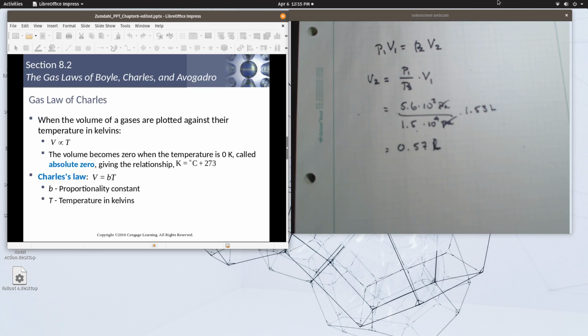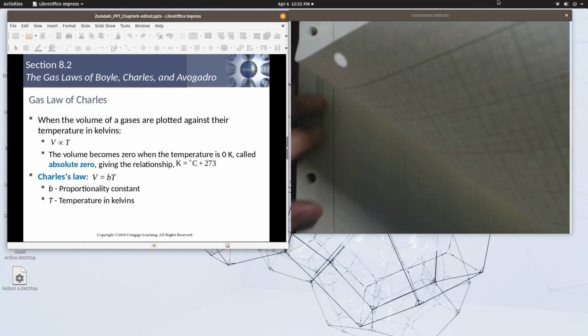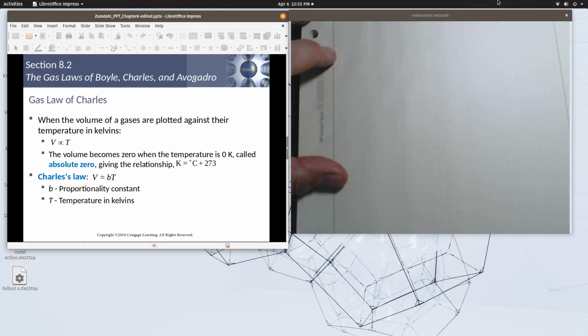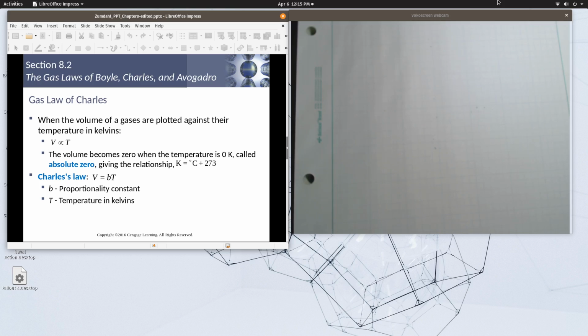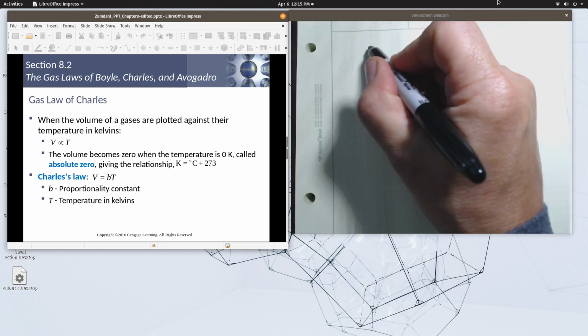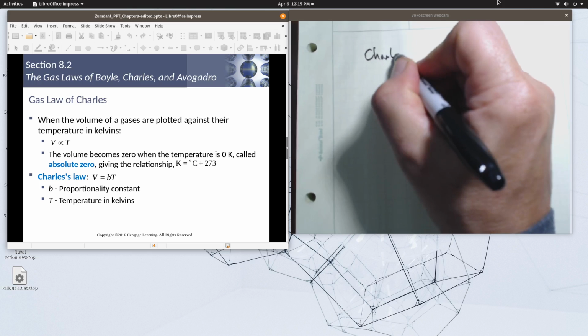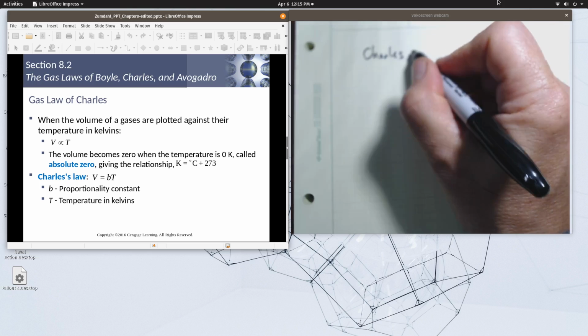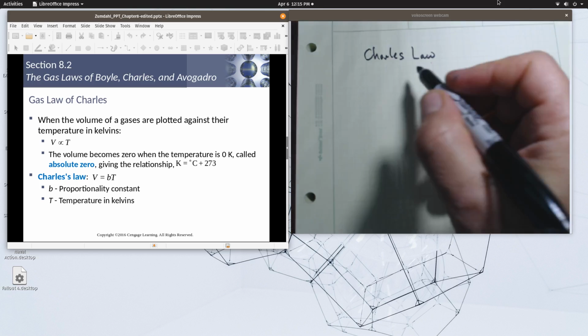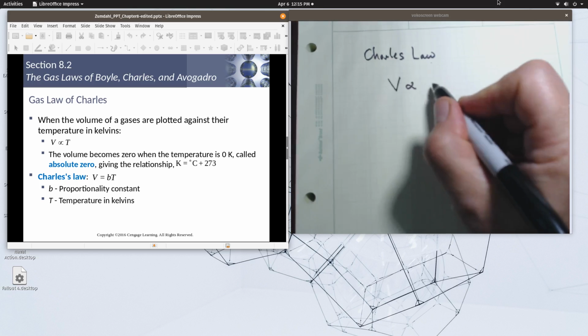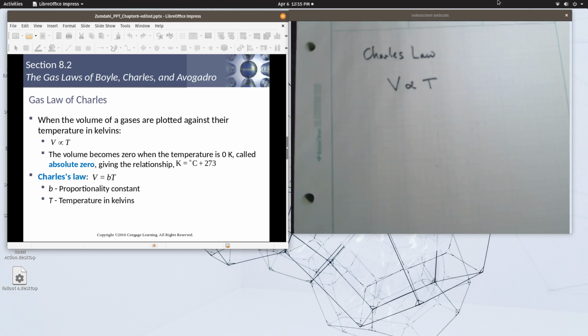Now, another law is that of Charles, another 18th, 19th century natural scientist. Charles noted that if I keep the pressure constant, Charles's law is that volume is proportional to temperature.